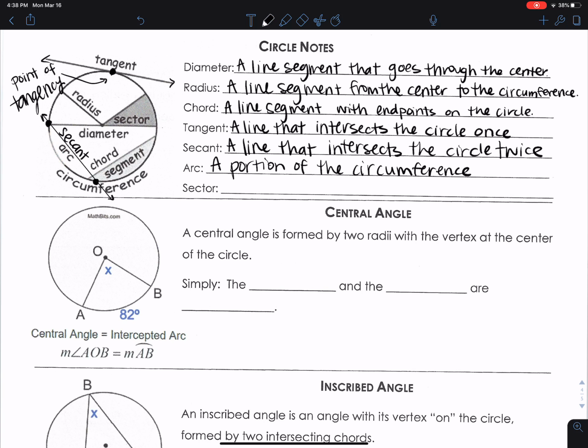And then a sector is a portion of the area. So the sector here is this piece. That's our sector. And those are the definitions. We've gone over all of those before, but I just wanted to recap what those pieces are.